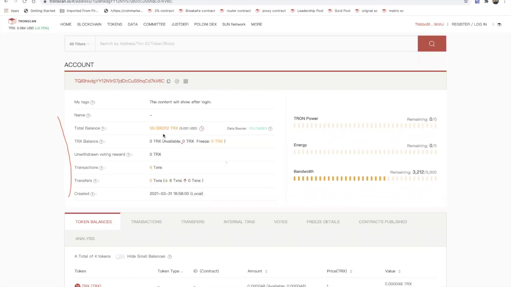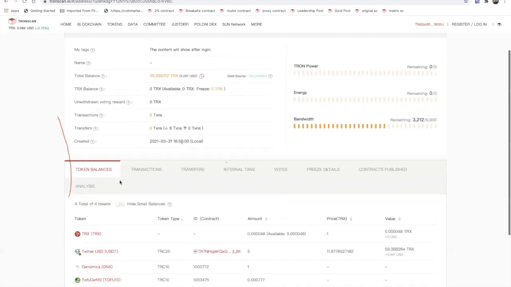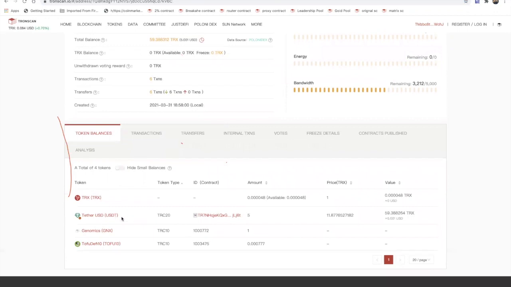Make sense? They think they have Tron. If you look, they have Tether. They have the equivalent of 59 Tron. So this member thinks they have Tron because in their TronLink wallet, it shows 59 TRX, but they don't have 59 TRX. They have 0 TRX.